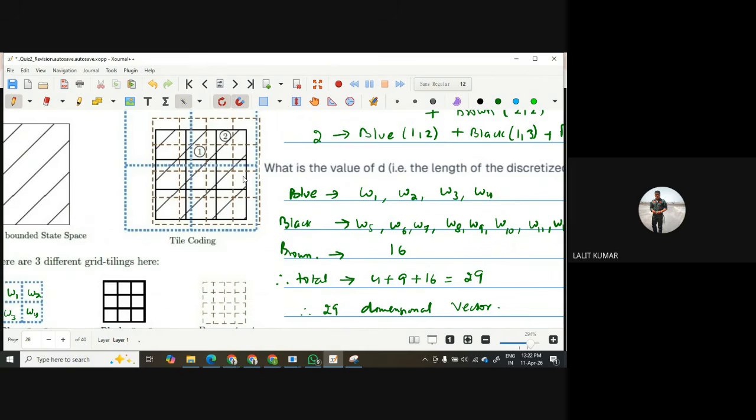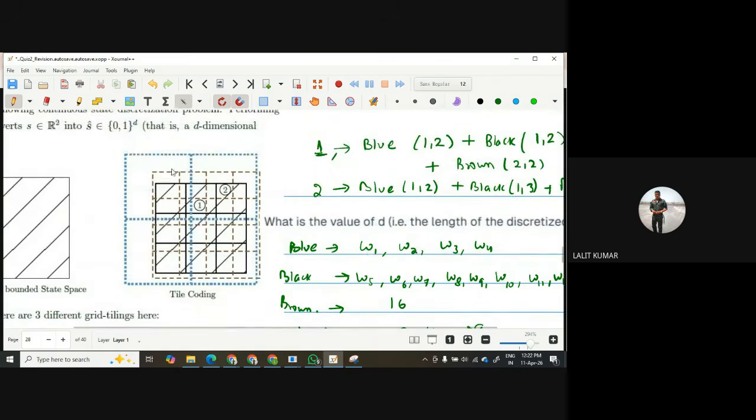When you do a dot product, it will give you a result which has got common weights. If the weights are not common, the multiplication will be 0. So we have to find in a dot product of 1 and 2 which weights are common. For example, in blue we have got W2 common.